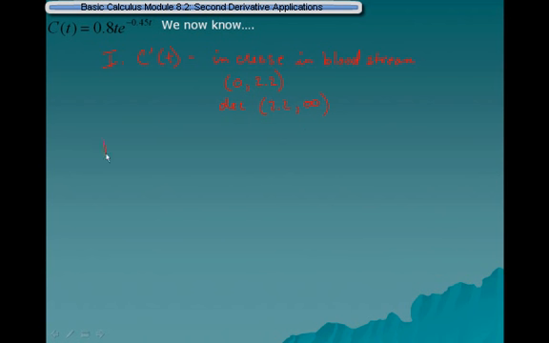We notice that, too, because of the double derivative in this case, and because of our inflection point, 4.4 hours, this means that once this drug started to decrease, it accelerated in decreasing up to 4.4 hours. At that point in time, the decreasing started to level off after 4.4 hours.